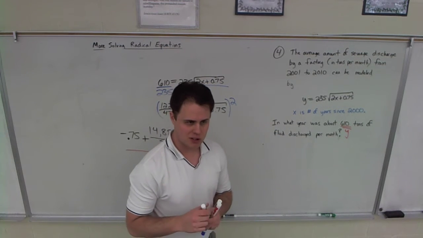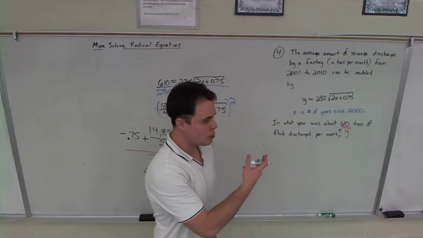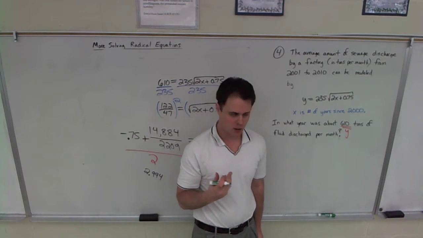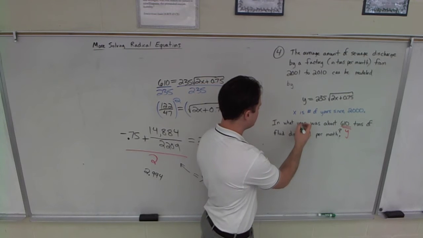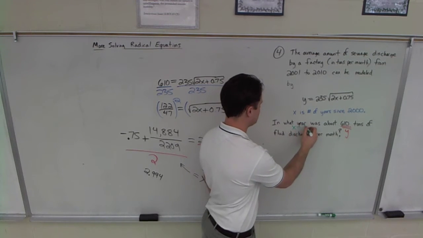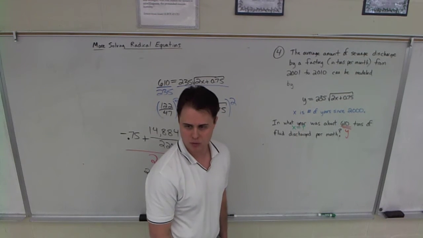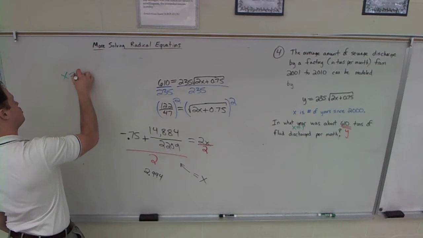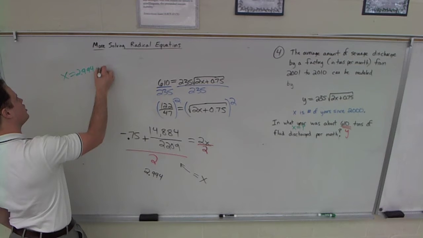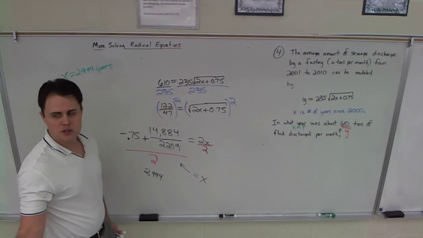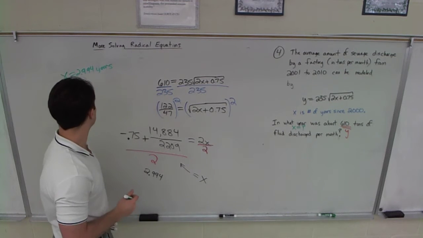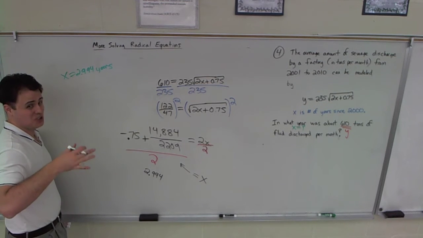See, in science, you should be starting to get trained like this. Before we even started this, we should have said, what are we trying to find here? I'm trying to find what year. So I'm trying to find X in this case, because that's the question, right? So X in this case is 2.994 years, but that actually means 2003.